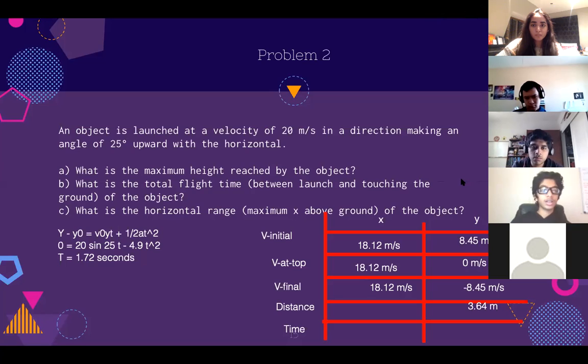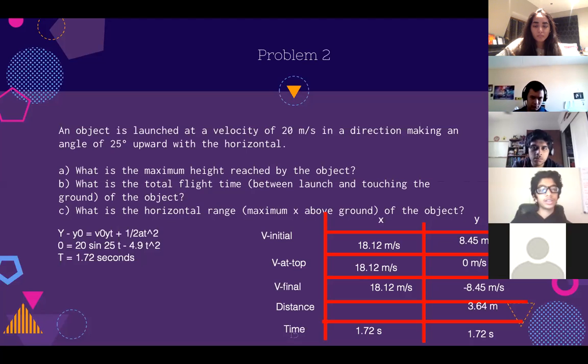We know the initial velocity is 8.45 meters per second, and the acceleration is minus 9.8 meters per second squared. So plugging in, we can get 1.72 seconds. And time is the only one that's going to be constant between x and y. So once you find it for either one of them, you can just write the same thing in the other one. So I'll leave this up for a while.